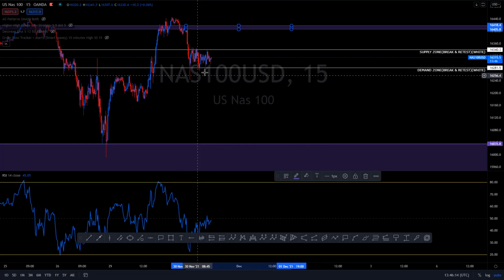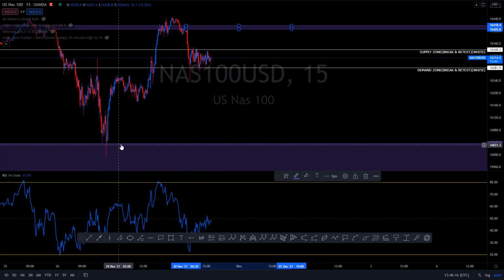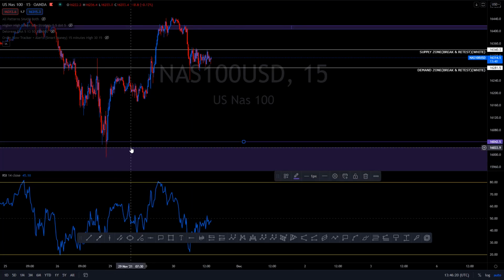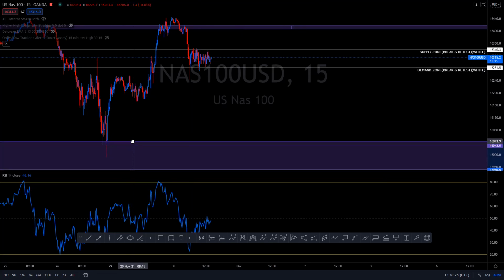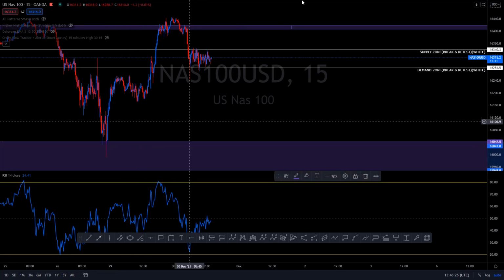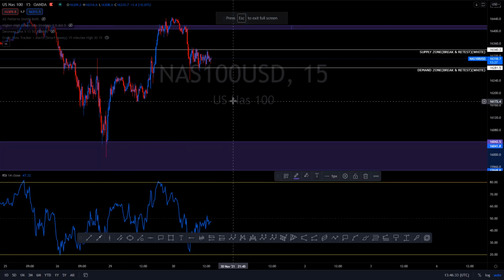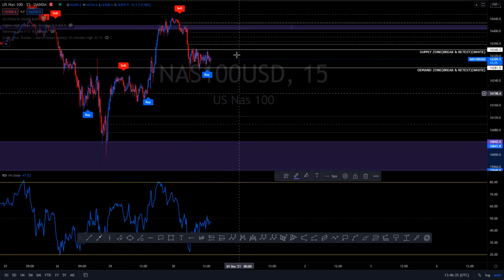And then this is also the last Harami candle as well. Then I start looking for imbalances. So I turn on my order block indicator and then we'll start to analyze it.